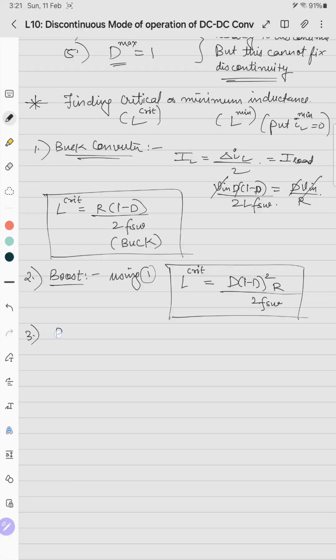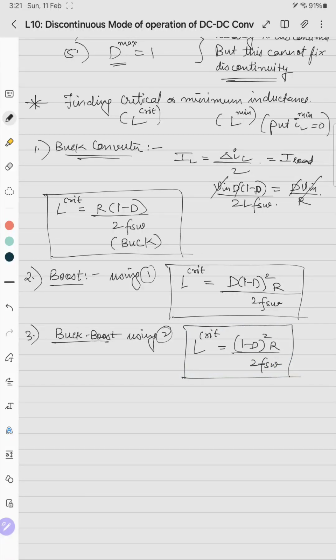And for buck boost, we use equation number 2. So L critical was (1 minus D) whole square R by 2 F switching. These are the critical inductances.